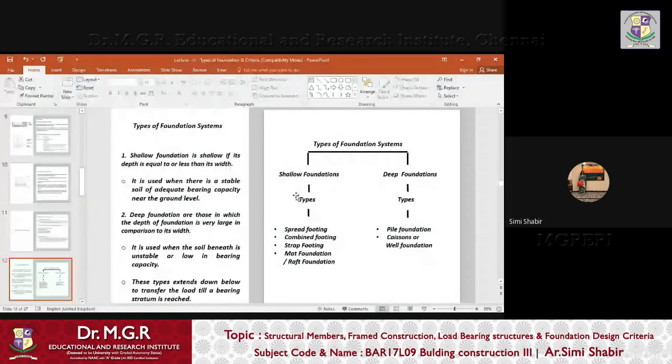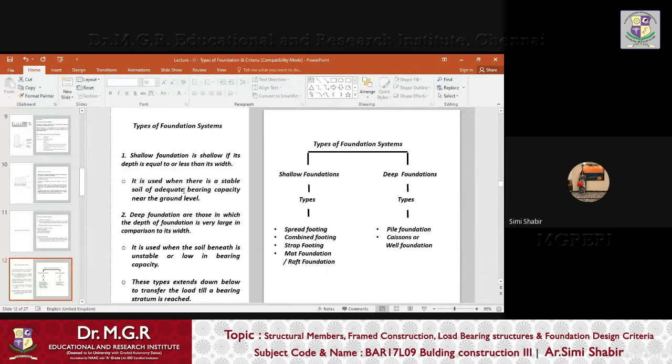Now, if you look at the right hand side over here, under the deep foundations, you have the pile, the caissons, or the well foundation. Shallow foundation is called shallow because its depth is more or less equal to or less than the width.